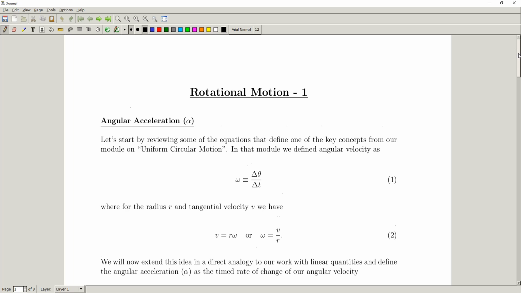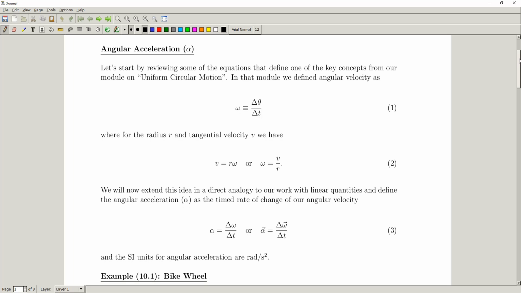Okay, so let's start off with angular acceleration, and to do that we're going to begin with a quick review of what our definition for angular velocity was. Back when we talked about uniform circular motion in our fifth module, we talked about angular velocity, and I've rewritten it here.